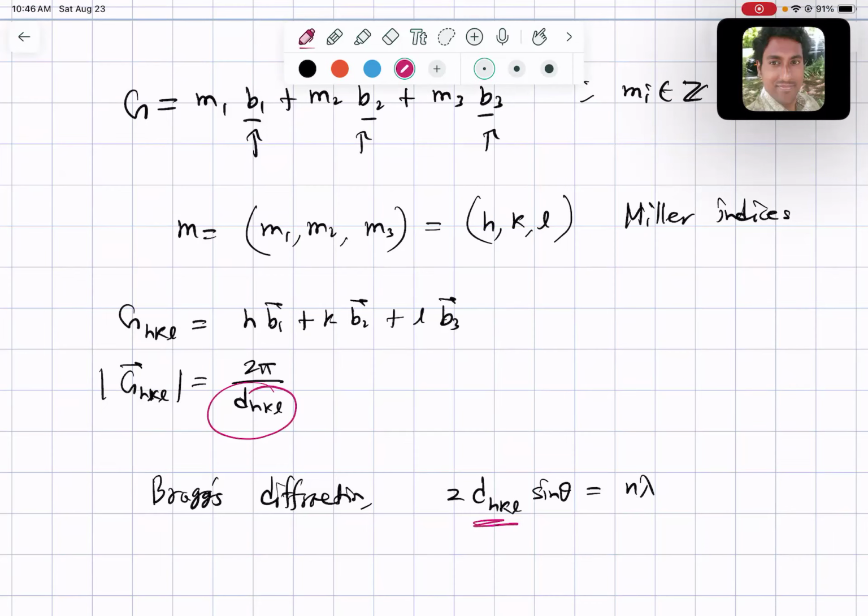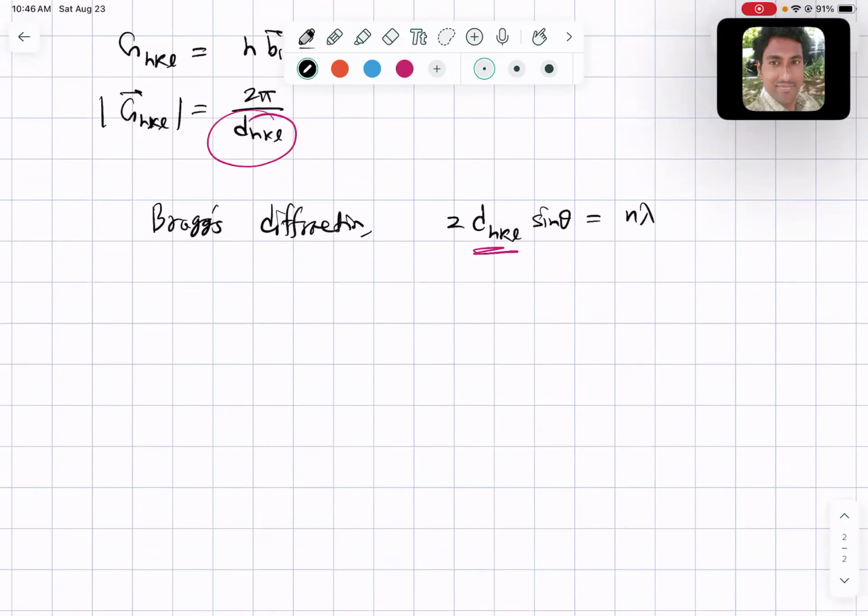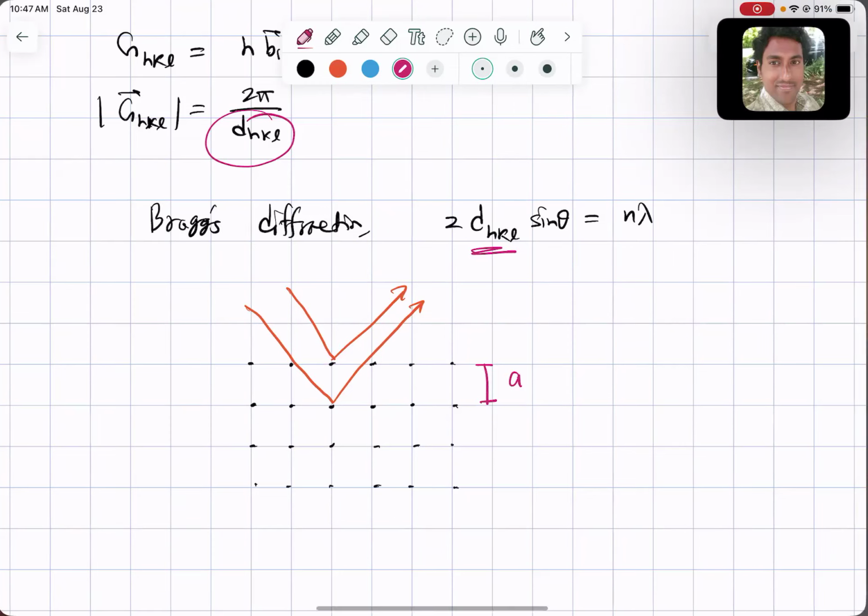Okay, X-ray diffraction, if you remember, we have atoms or lattice sites arranged like this, right? And an X-ray comes like this and gets reflected here. Another one comes like this, gets reflected here. And this spacing is, say, A, the lattice spacing. It's a cubic system.